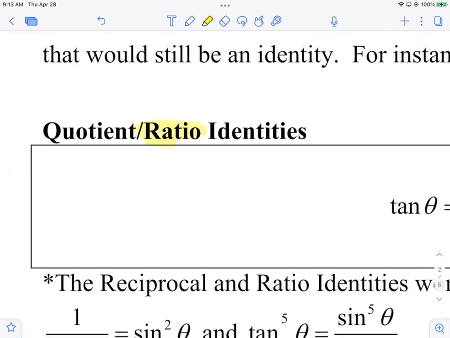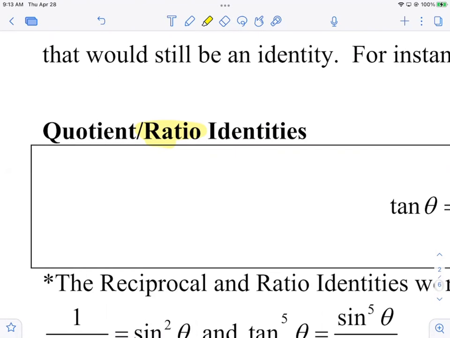Here's the first one. Tangent of theta is. If I ask you for tangent of theta from the unit circle, how would you find the tangent ratio from the unit circle? Y over x. Very good. And on the unit circle, the y represented which trig function? Sine. And x represented the cosine function.